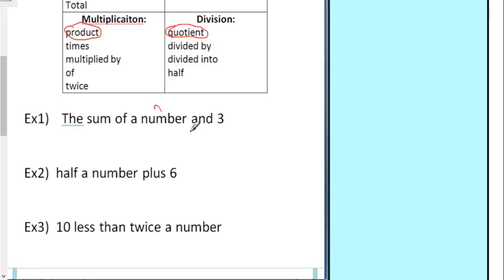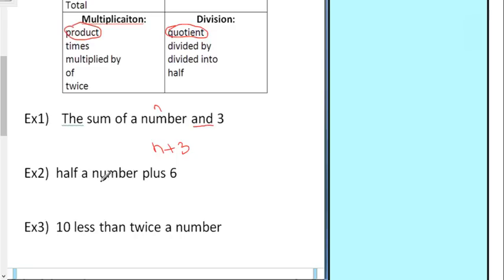And the word and is the key to these kinds of problems because it tells you what two things you're adding. The sum of a number and 3 is basically n plus 3. And that's really it. That's all you're writing there. Real simple.